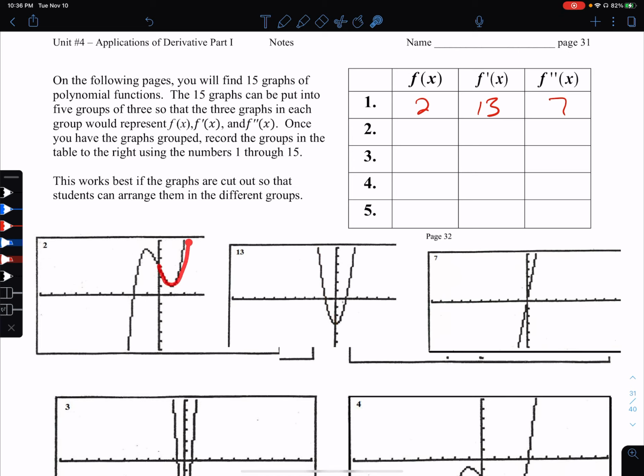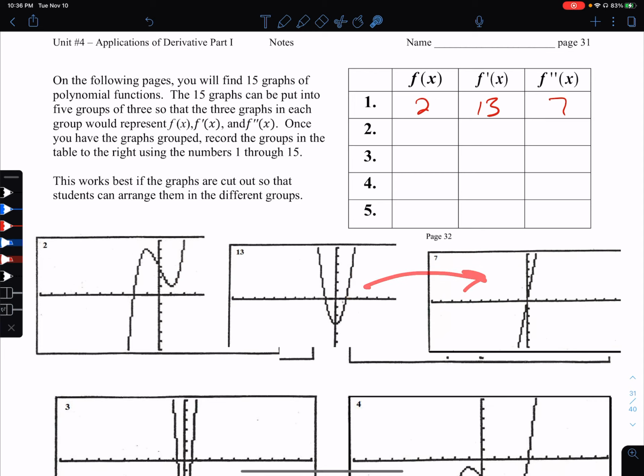This is concave up. This is increasing, not a coincidence. Here the slope's positive. This is above the x-axis. Here the slope's negative. This is below the x-axis. This is increasing. This is above the x-axis. None of that's a coincidence.